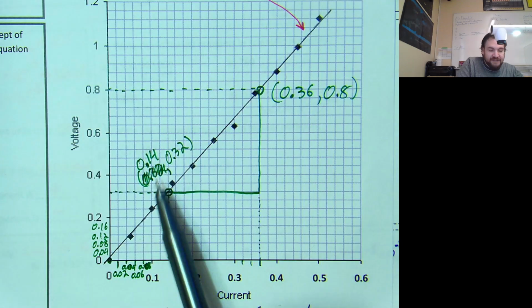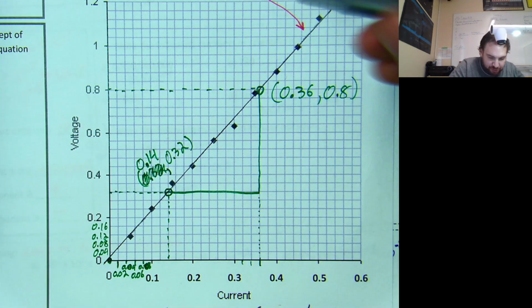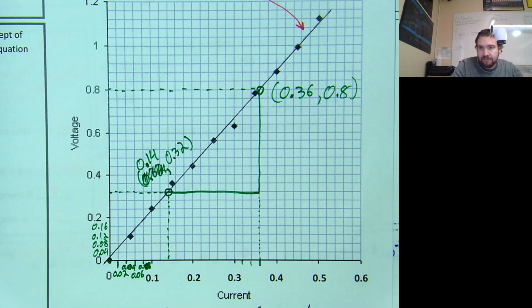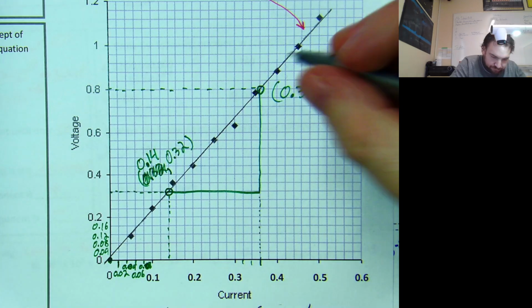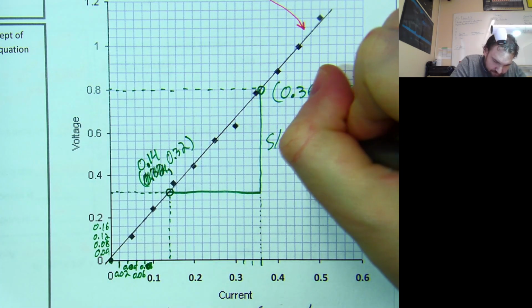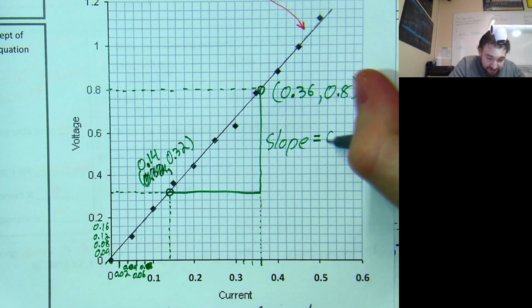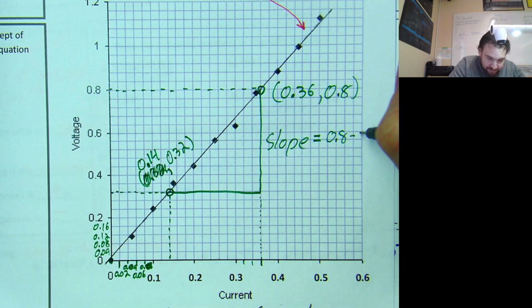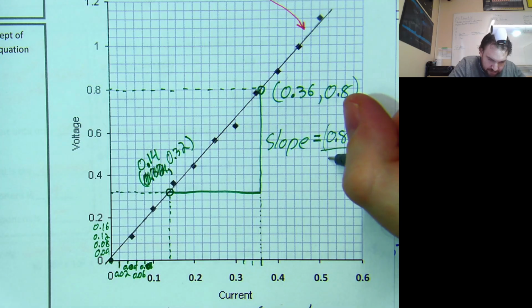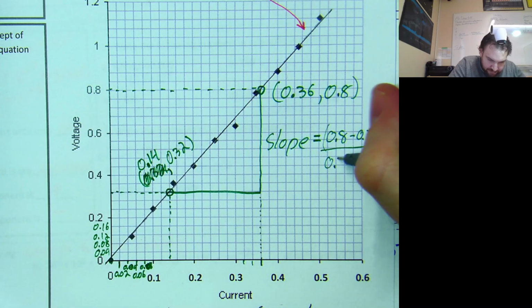So now I've got an x value, a y value, an x value, and a y value. So I'm going to do my slope calculation. It's going to be y2 minus y1, so I can shove it in here. 0.8 minus 0.32 over 0.36 minus 0.14.